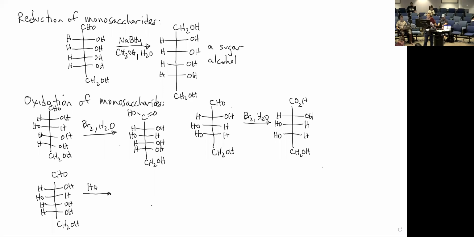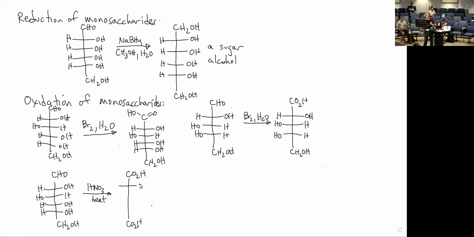So we'll say nitric acid, and you can just write heat, or you can also use a triangle as an abbreviation for heat. But in any case, this will oxidize both the aldehyde functional group and the primary alcohol at the other end to carboxylic acids.